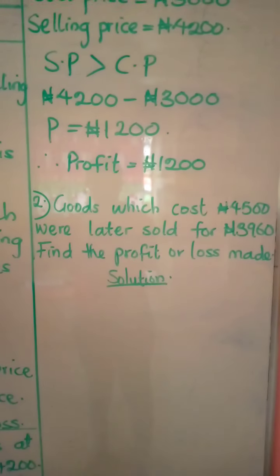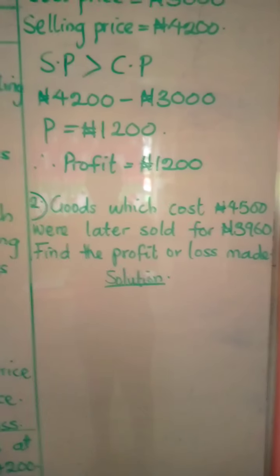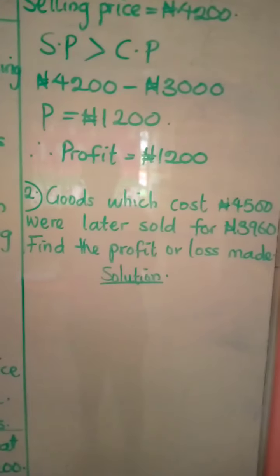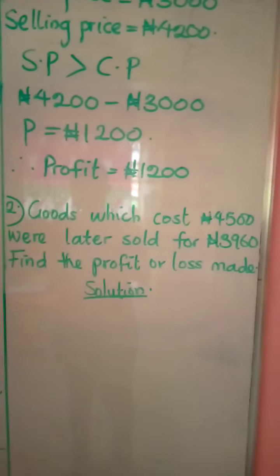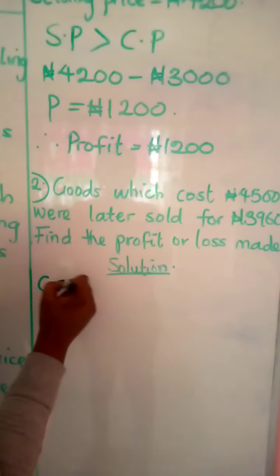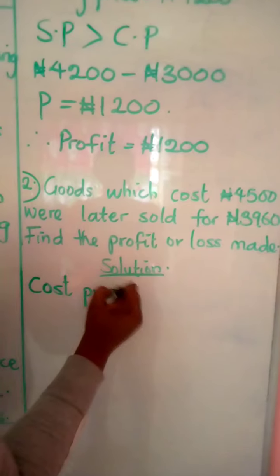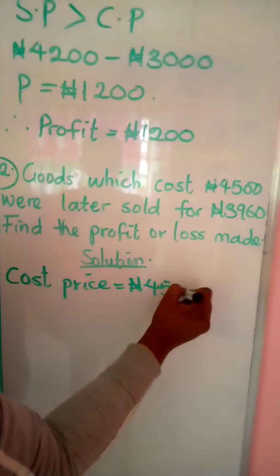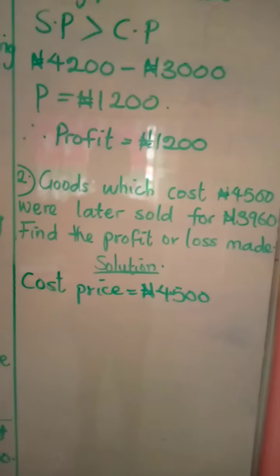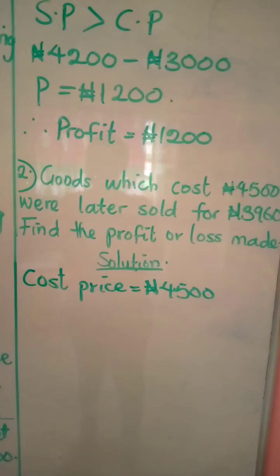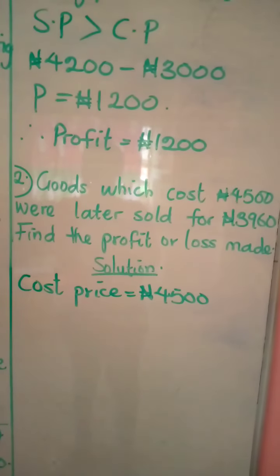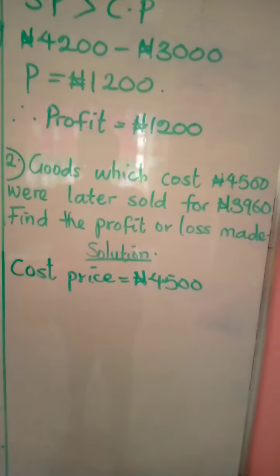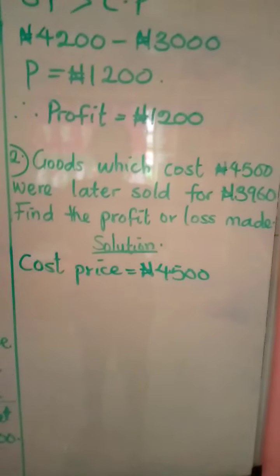Now, anywhere you see buy, purchase, or bought, or even cost, that's your cost price. Okay? Now, what's our selling price? Anywhere you see sell, selling price, or sold is called your selling price.